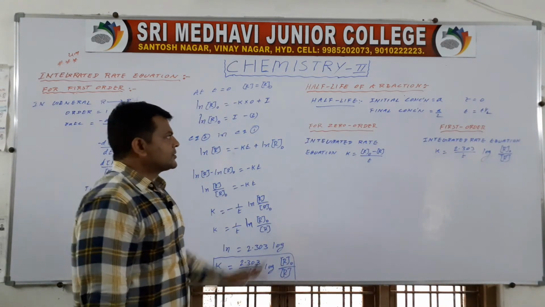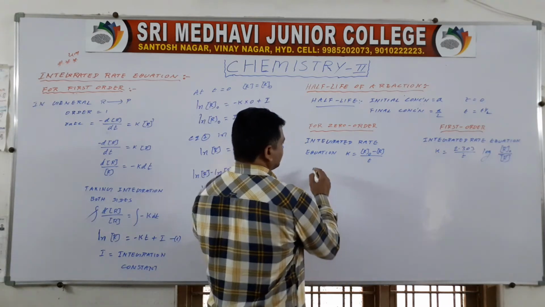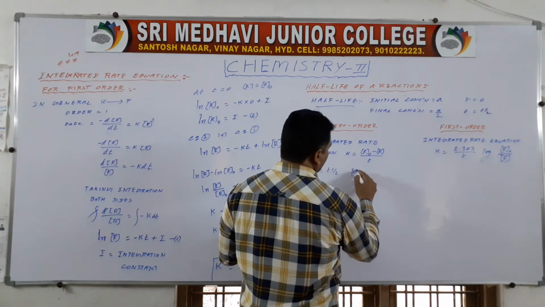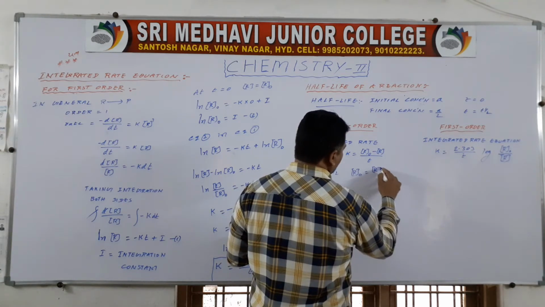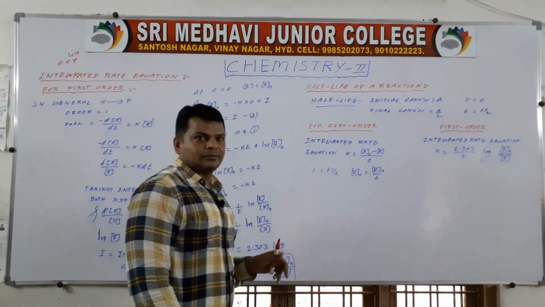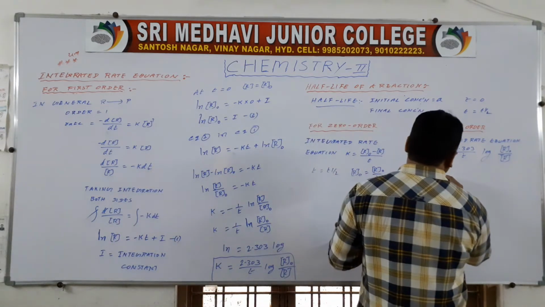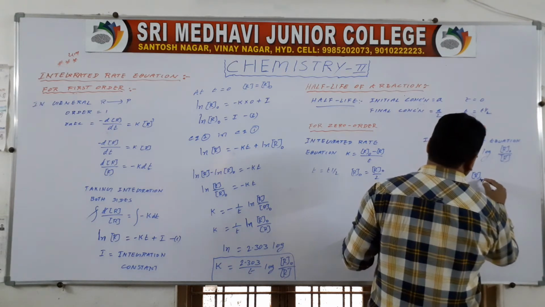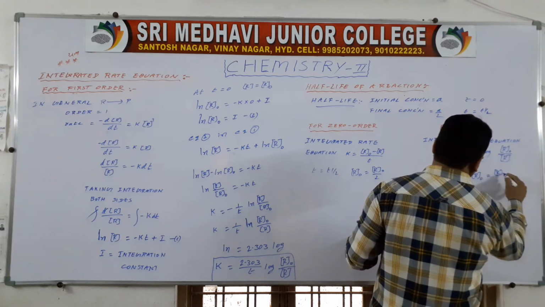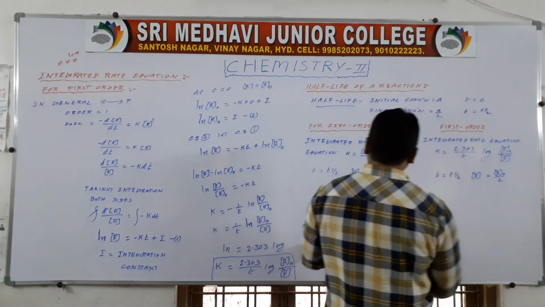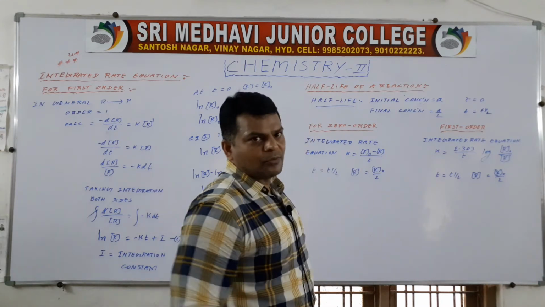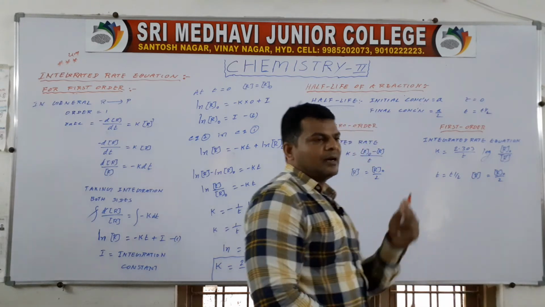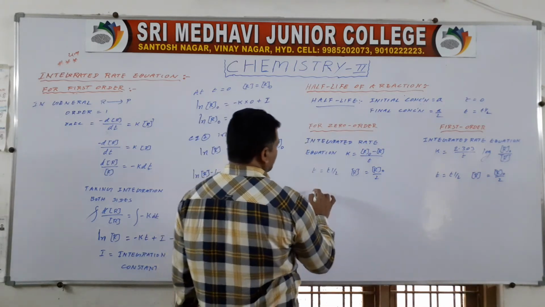Here t equal to t half, and the concentration R equal to R naught by 2, because the initial concentration will be half. Here also the concentration will be half.